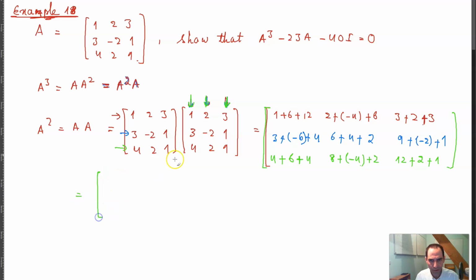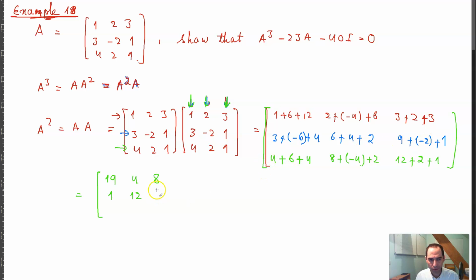And so that is 7 plus 12 is equal to 19, and 6 plus 2 is equal to 8 minus 4 is equal to 4. 6 plus 2 is equal to 8. 7 minus 6 is equal to 1. 8 plus 4 is equal to 12.